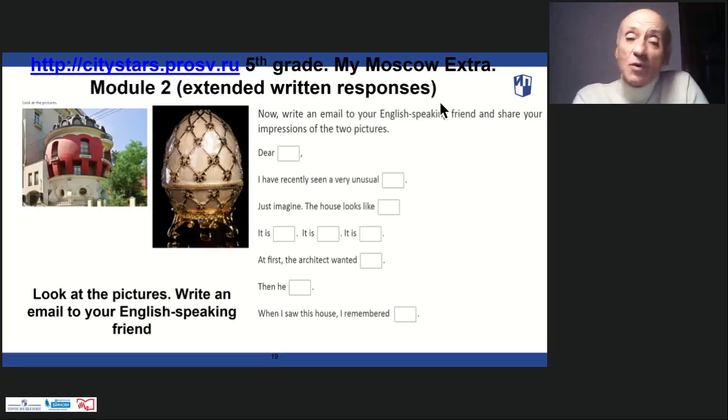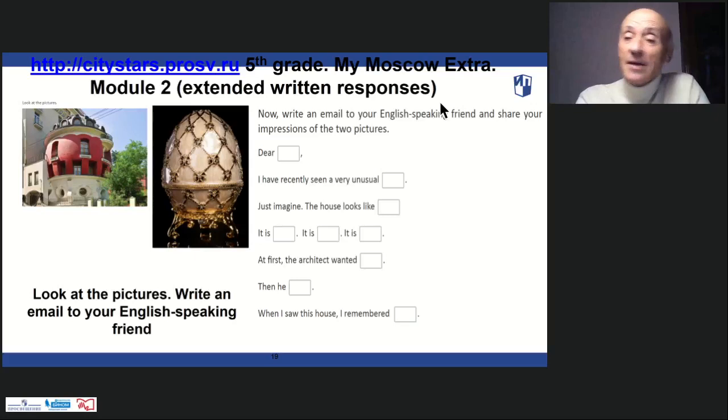This house was designed to be a maternity hospital, a hospital where mothers give birth to children. That is why it was designed as an egg. But it has never been used for that purpose. Nobody lives there. Nobody knows what is inside, but it's just beautiful. And tourists come to see it.